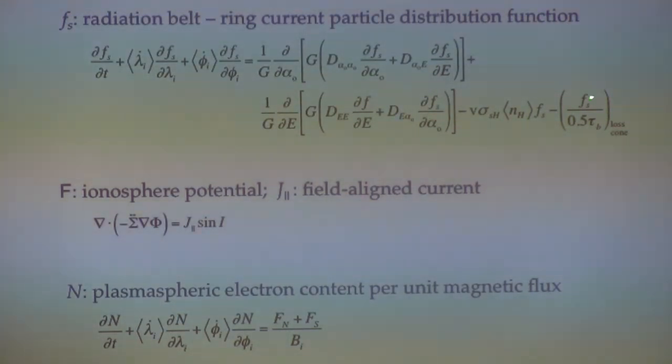For ions, we can also consider charge exchange, and we also have the loss cone loss. This is the equation we solve to get the ionospheric potential and also field line current. And this is the equation we solve to get the plasmasphere electron content.